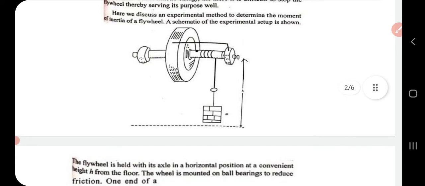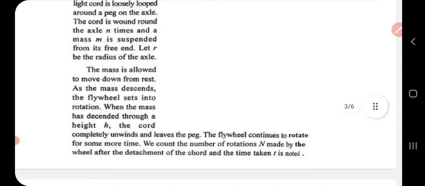It will unwind. And the mass will fall to the ground, but the flywheel will continue to rotate for some more time and we will count that number of rotations as n. Now the time taken to complete the rotations will be noted as t. That is what is written in this paragraph.